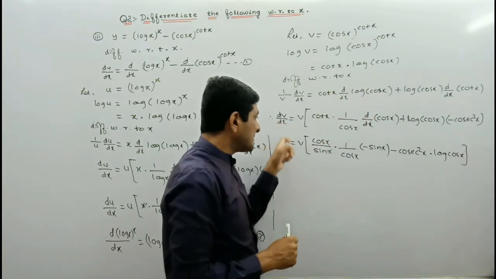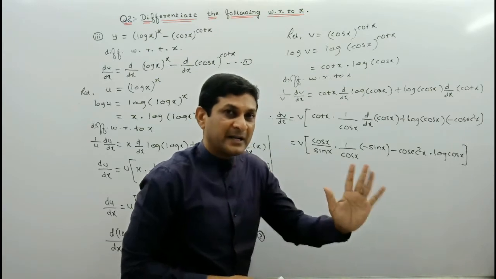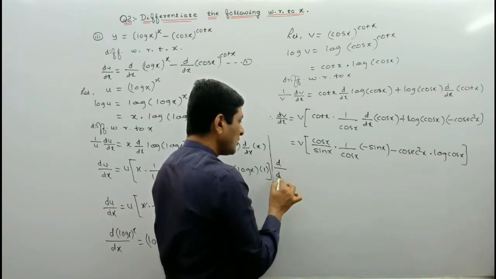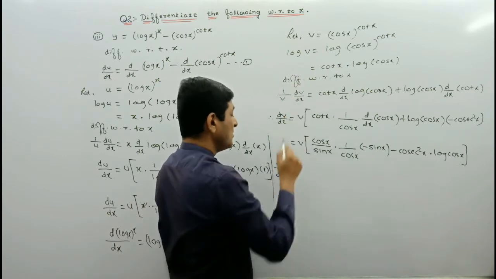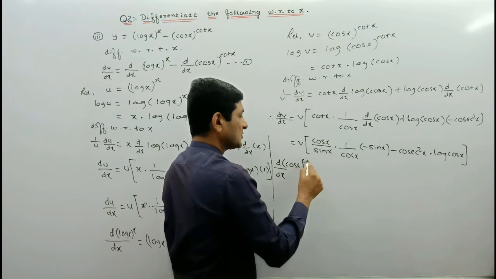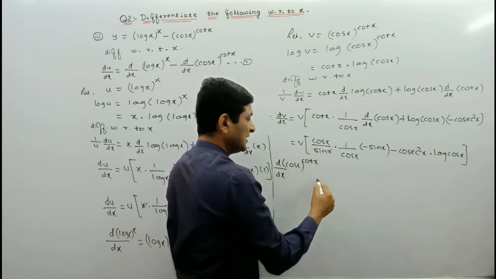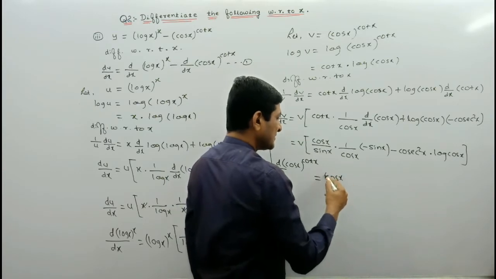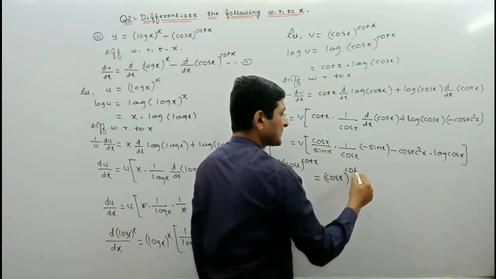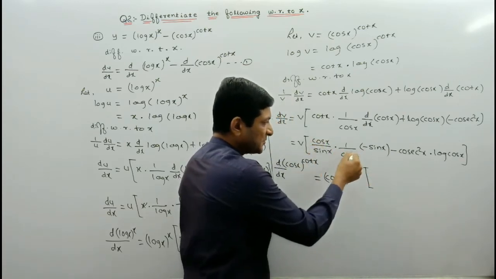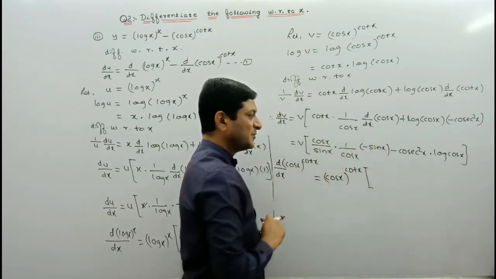Okay, now let us substitute the value of v also, and parallelly we will simplify also. So on this side we will get d by dx of v. What is the value of v here? Cos x raised to power cot x. Again v can be replaced by cos x raised to power cot x, and here cos x will get cancelled, sin x also will get cancelled.